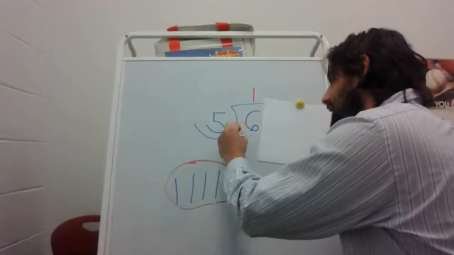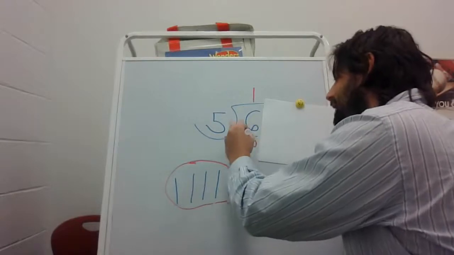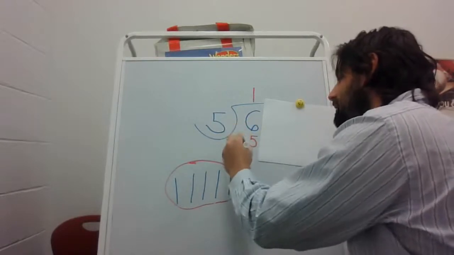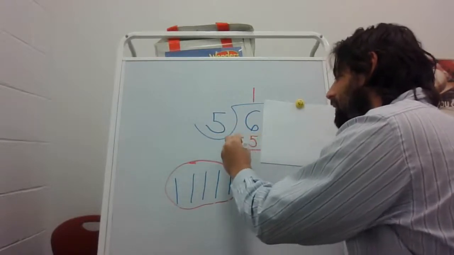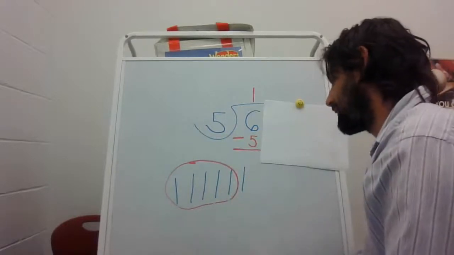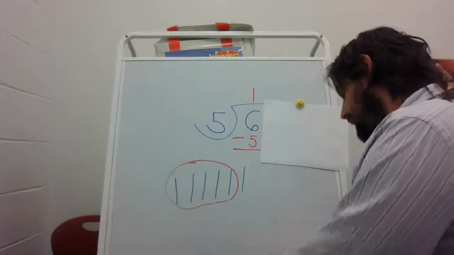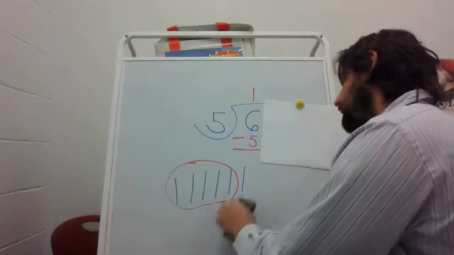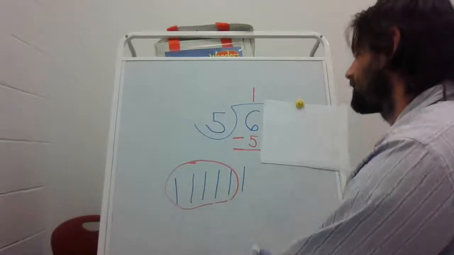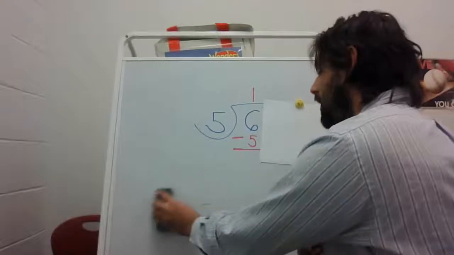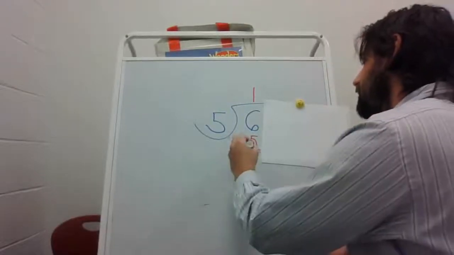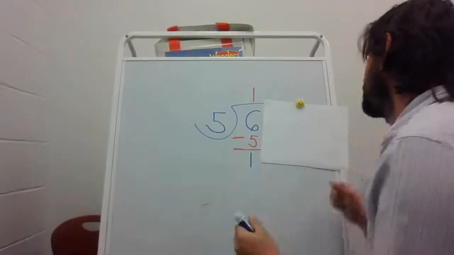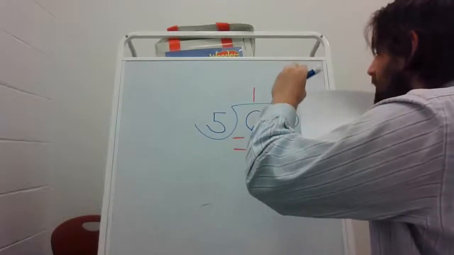So I'm going to subtract 6 minus 5 to figure out what the remainder is. We kind of already know the remainder is one tally outside the circle, but still I'm going to continue with the math there. So 6 minus 5 equals 1. So 6 divided by 5 is 1, and we have a remainder of 1.